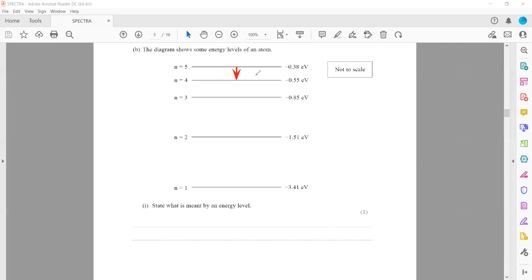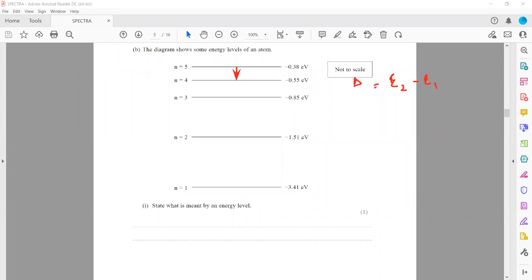So first we'll take the difference in the energy, because we have to work out first the difference in the energy. The formula to calculate the difference in energy is E2 minus E1.